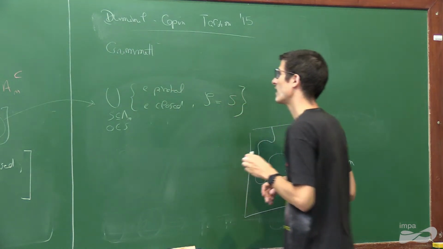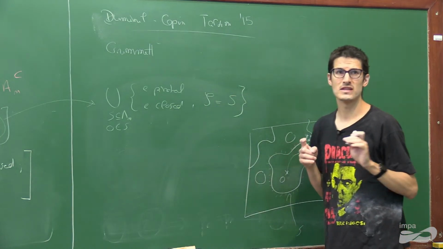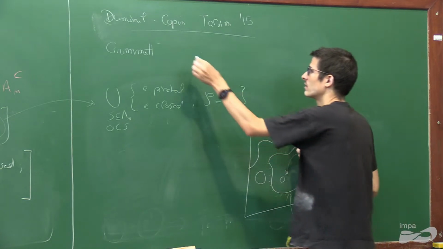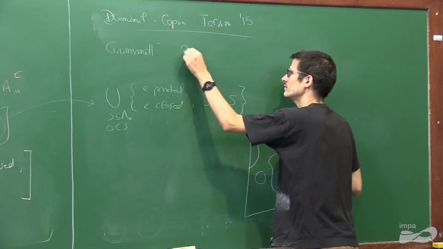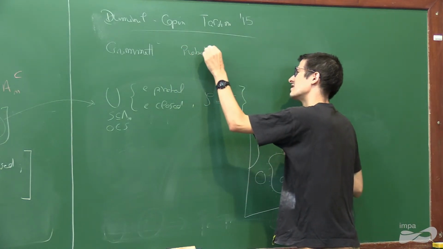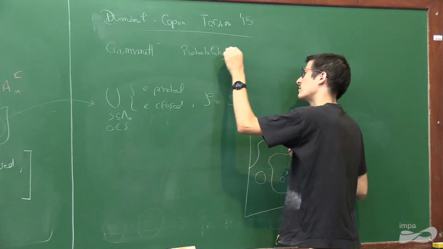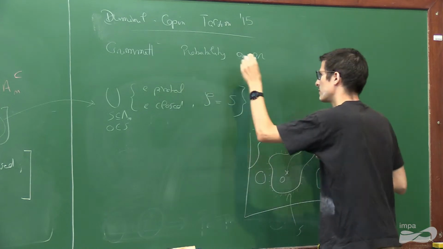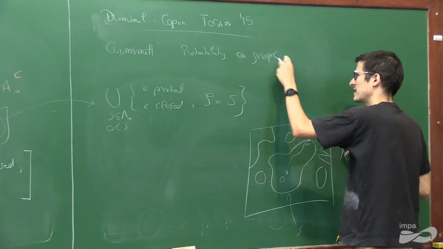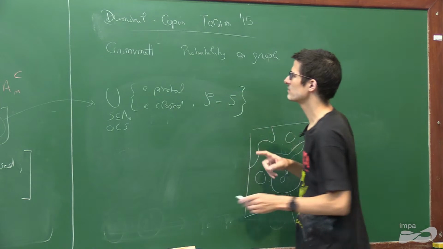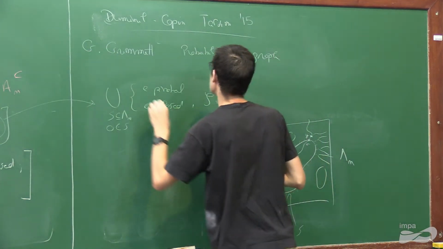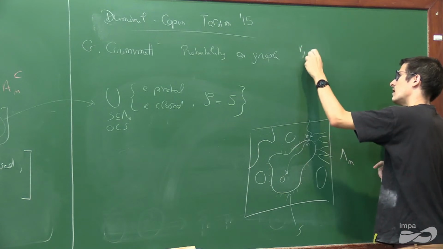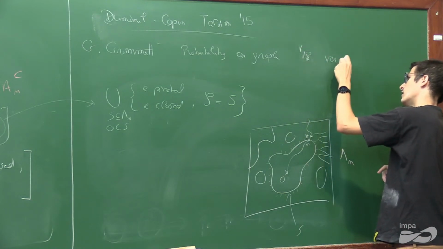You will also find it in Grimmett's lecture notes, but you have to make sure that you look at the last version, which I think is Probability on Graphs. You can find it on Grimmett's web page, Geoffrey Grimmett from Cambridge. This is a version from 2018.